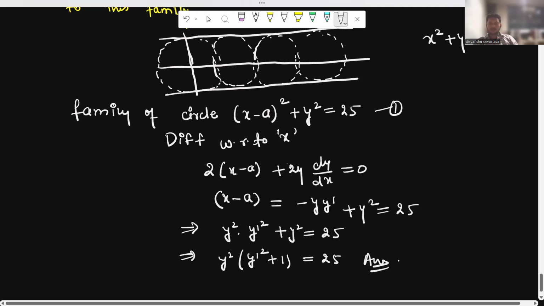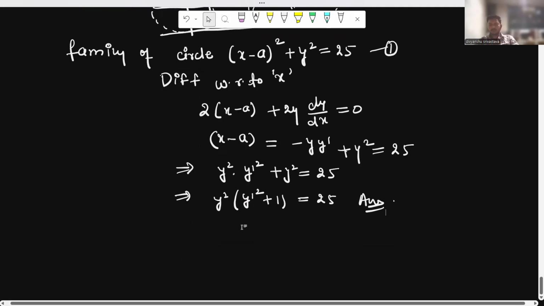So these are the family of circles which have radius 5, and the center is like this: (1, 0), (2, 0), and (3, 0). Moving on, second steps, you get this type.